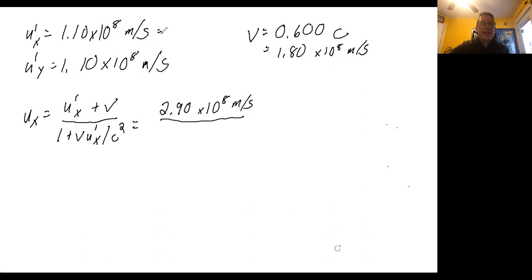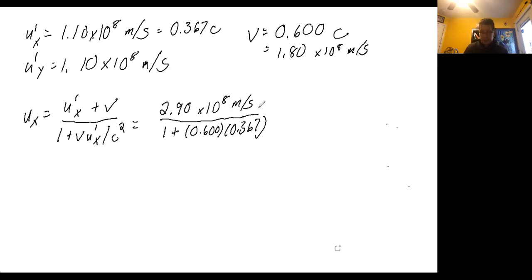You can write the 1.1 times 10 to the 8 as 0.367 c. So we'll do that because I think it'll make things a little bit easier. So that's 1 plus 0.600 times 0.367, and then the c terms cancel out in the denominator.